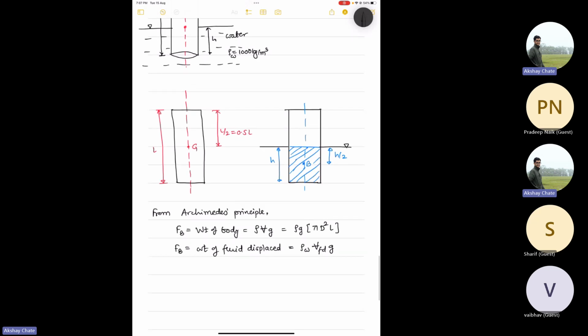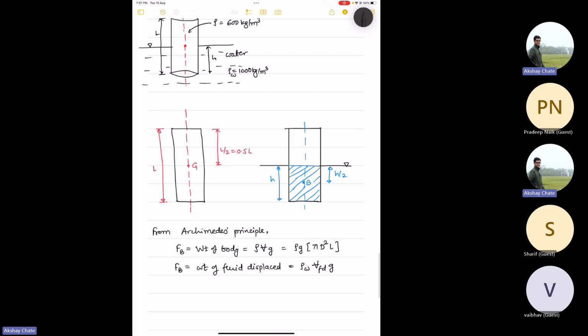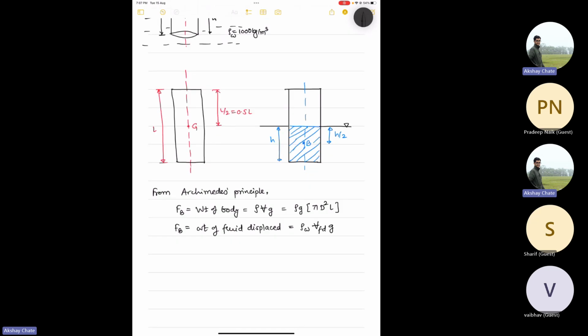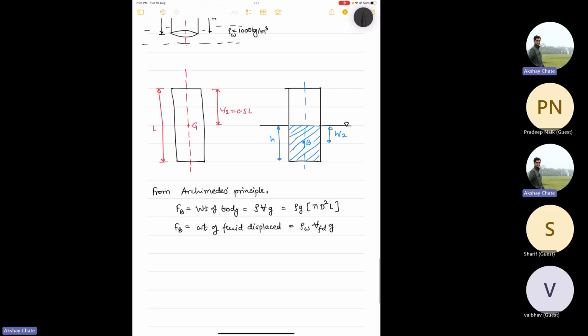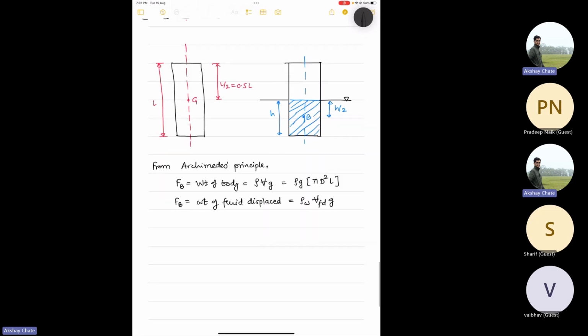Otherwise, the body will be completely submerged. If it is floating, that means the volumes will be different. Therefore, I am using this volume of fluid displaced, so VFD symbol for that purpose. And from figure, let's say this blue color figure, what is the volume of fluid displaced by the body? It is equal to pi d square, because that is the same area, but it is displacing only h level volume, right?